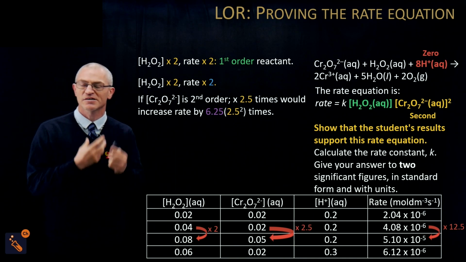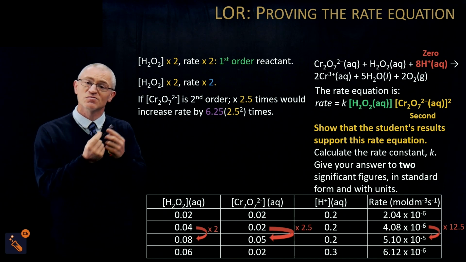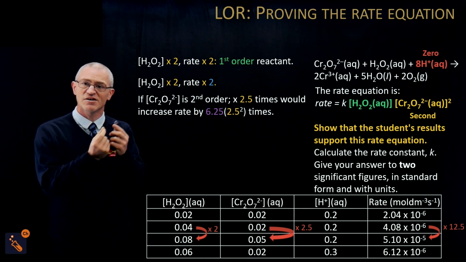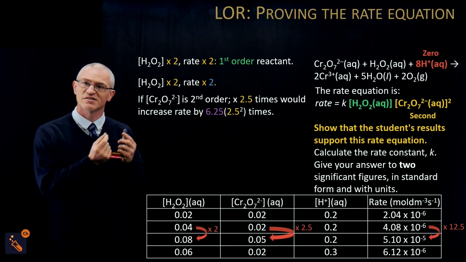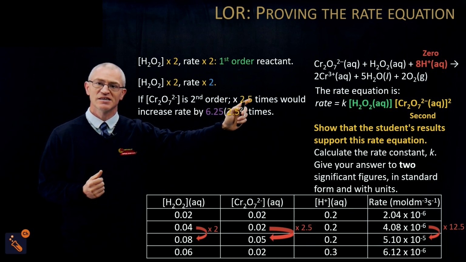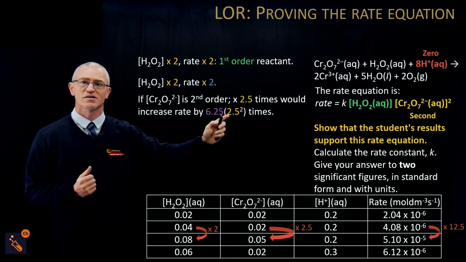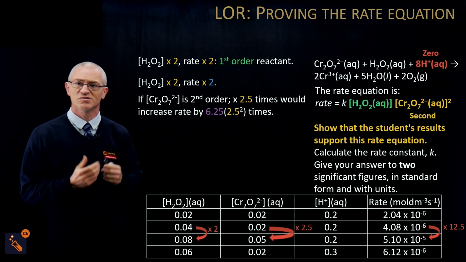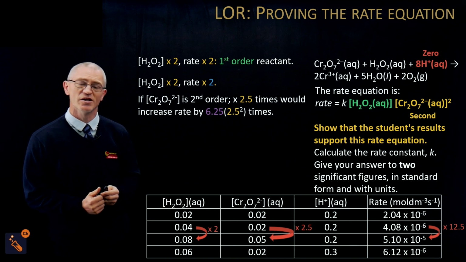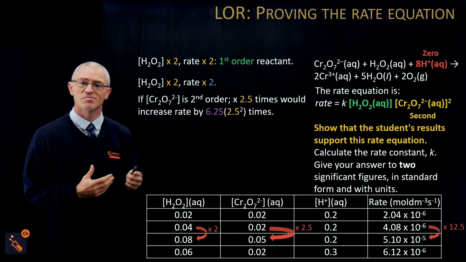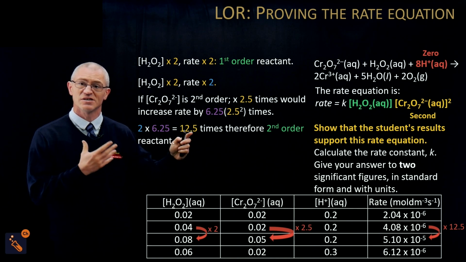If you remember back to what a second order reactant is, it's a reactant where you change the concentration, and the square of that change in concentration will be how much the rate goes up by. So the change here is 2.5, which we got from down here. 2.5 squared is 6.25. So we would expect it to go up by 6.25. It's not gone up by 6.25, it's gone up by 12.5. But if you look at that, 2 times 6.25 is 12.5.